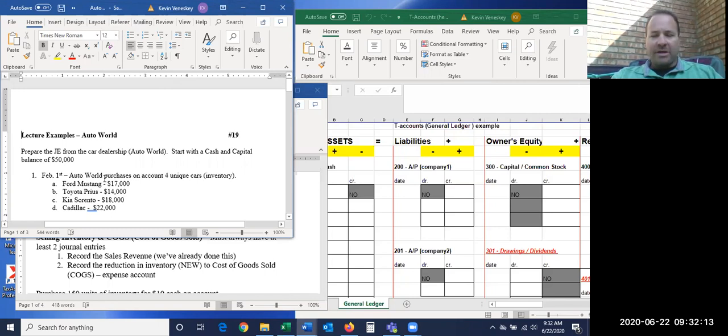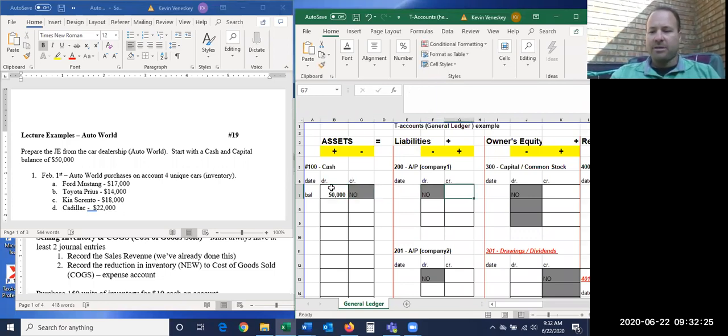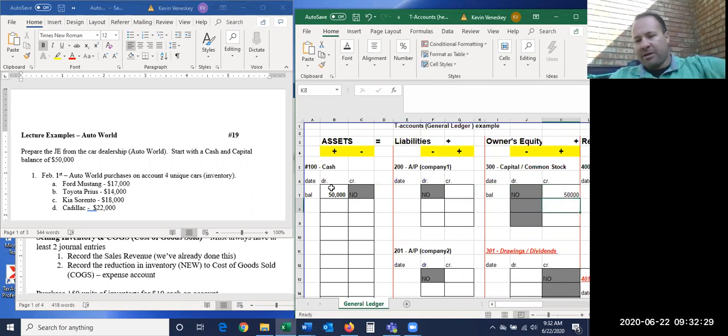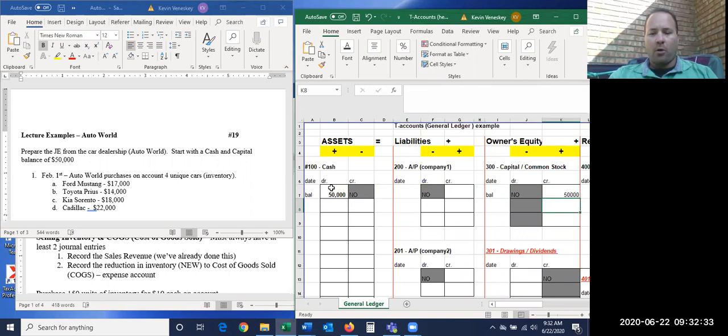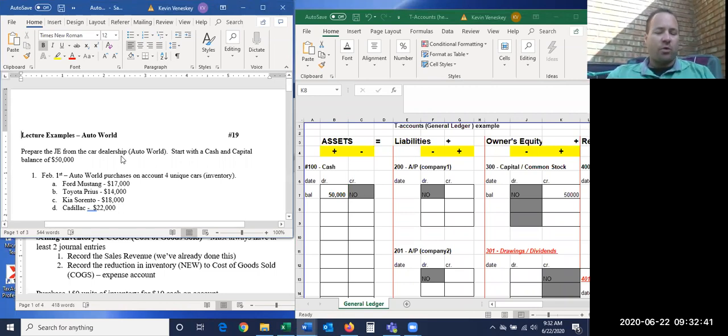All right, so before we start, we've got a new company here, and we're starting with a cash and capital balance of $50,000. So we have something to work with, $50,000, and then our opening balance for common stock is $50,000. We could have done this as a journal entry, but it just tells us that that is our opening, where we're starting from.